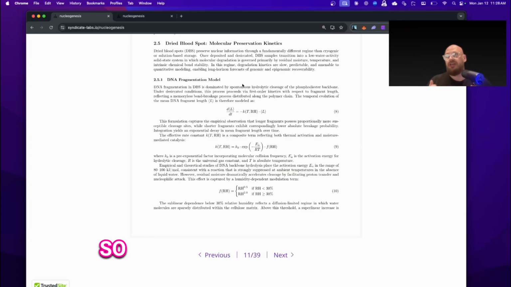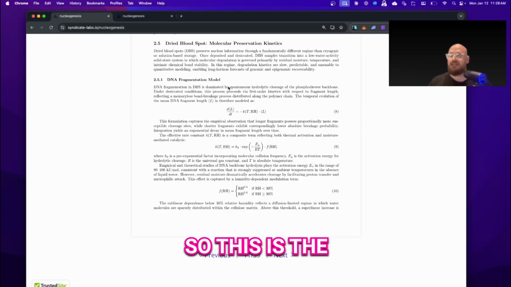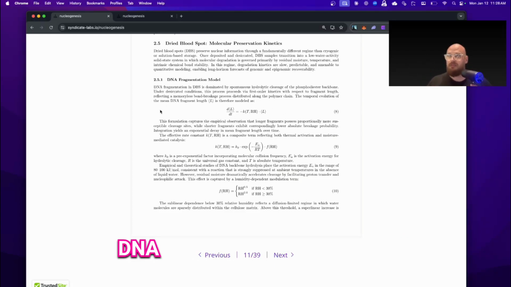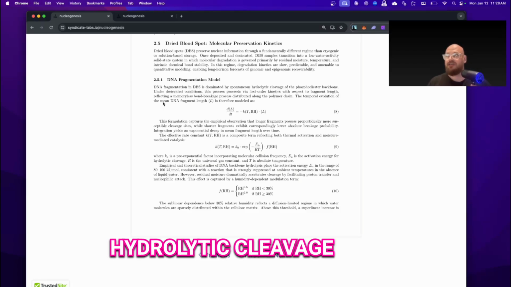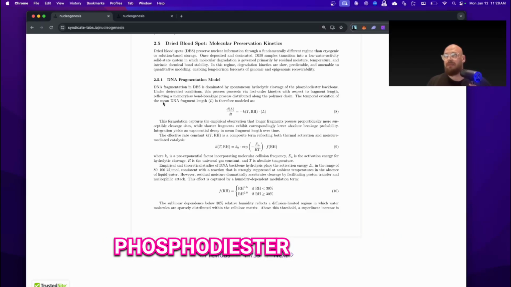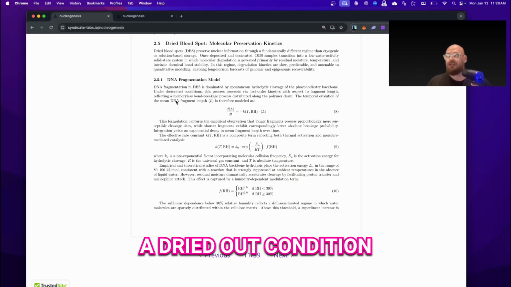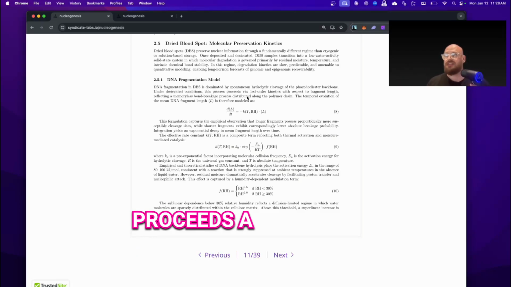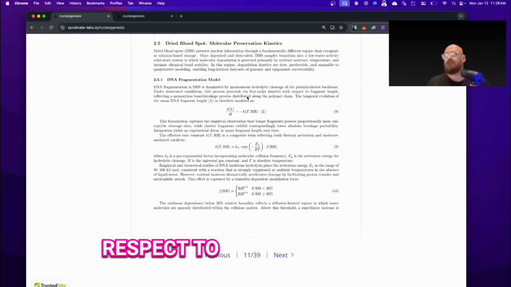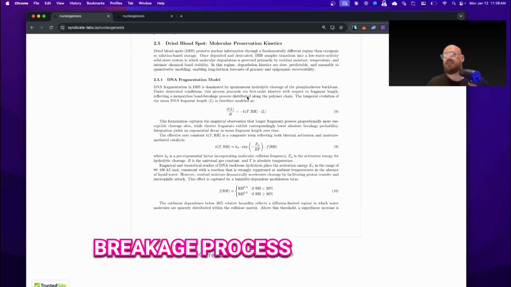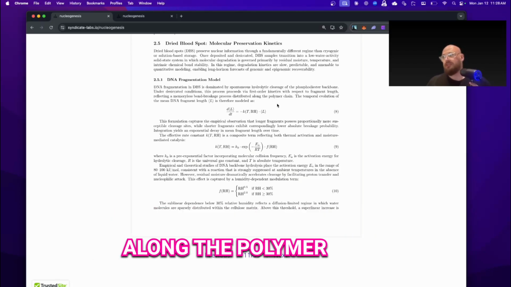Okay, so the DNA fragmentation model. This is the math that governs the degradation over time. DNA fragmentation in a dried blood spot is dominated by spontaneous hydrolytic cleavage of the phosphodiester backbone, so breaking the DNA under a dried out condition. This process proceeds with first order kinetics with respect to fragment length, reflecting a memoryless bond breakage process distributed along the polymer chain.